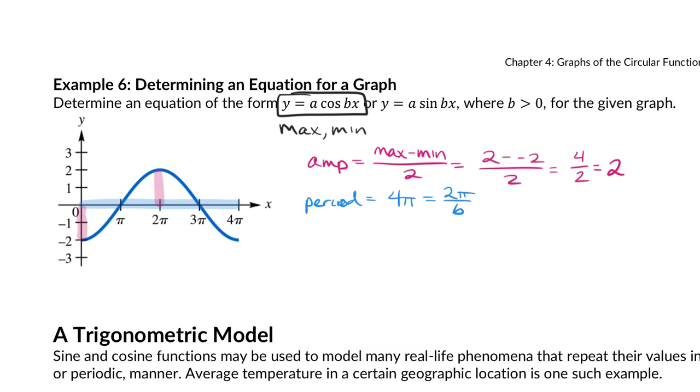Wouldn't you multiply 2 pi by 4? We would multiply both sides by b first. So we end up with 4 pi b equal to 2 pi, getting the b out of the denominator. And now if I wanted b by itself, I think I heard somebody say it: divide by 4 pi. So b is going to be equal to 2 pi over 4 pi. So it's just 1/2.